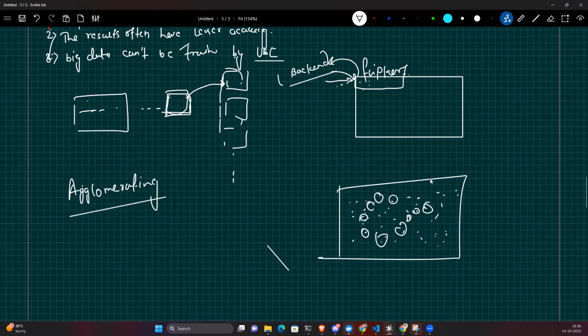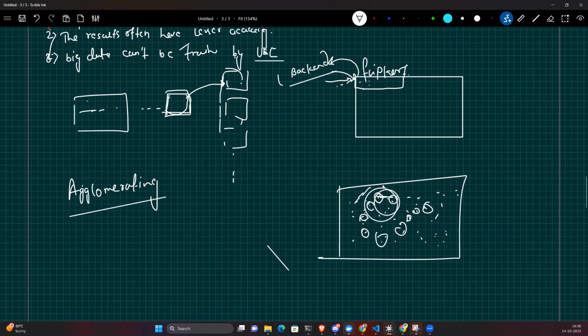Now we can find the similarity between these two clusters. If the similarity between these clusters is very high, then we are going to merge them. Similarly, if this is also good, then we merge this. Likewise, we will go on until all the data points get merged into a single cluster.